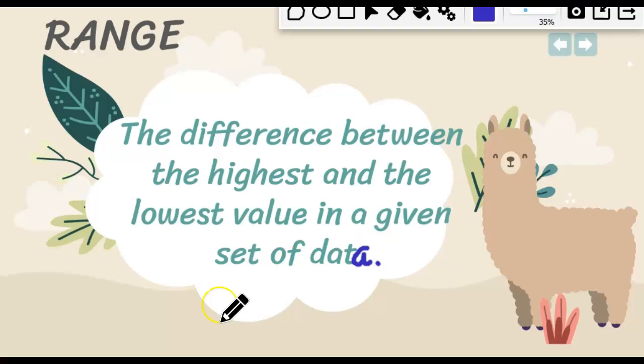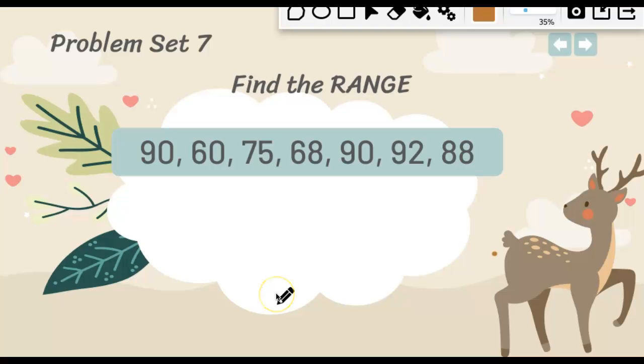All right, so let's see how we could find this. Let's see for this, the range. Let's look at the highest number. The highest number we have is 92. Double check, 92. And the lowest number we have is 60, right? We said that the range is the highest minus the lowest number.